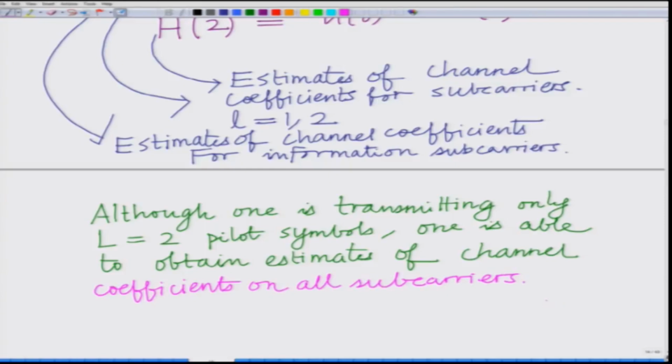And therefore, what is the advantage of this scheme? What is the advantage of this comb type pilot scheme? Again, that is obvious, something that we have already said at the beginning, that is, we are only transmitting pilot symbols on a few subcarriers. Therefore, the rest of the subcarriers can be used to transmit the information or the data symbols, and that significantly increases the bandwidth efficiency, all right.